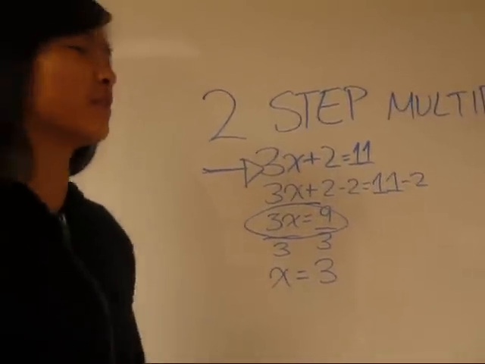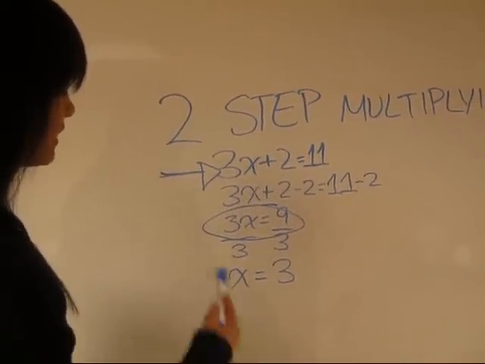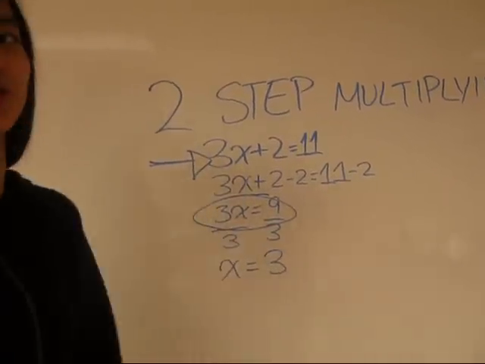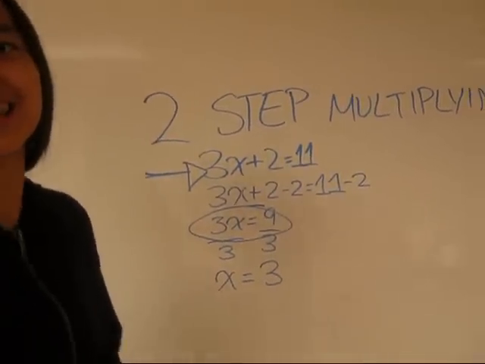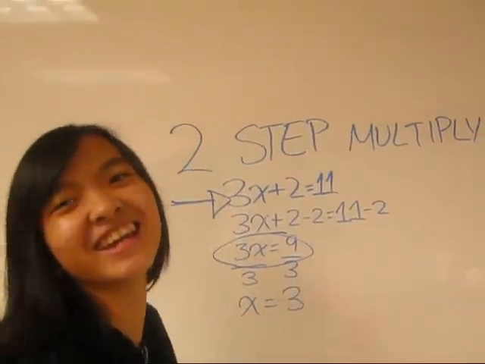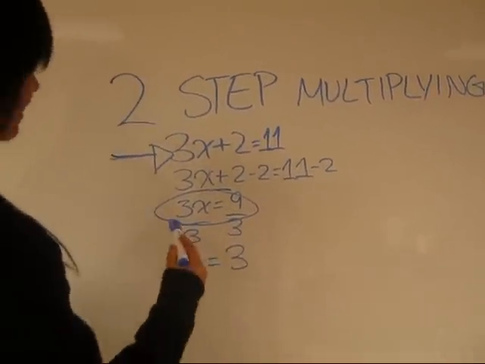The next thing we have to do is cancel out the coefficient. In this case, it is multiply by 3. And the opposite of multiplying is dividing! And so we divide by the same numbers.